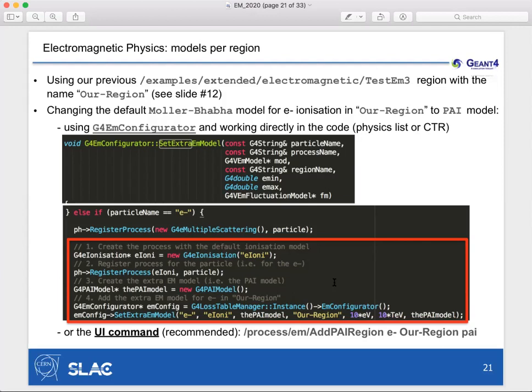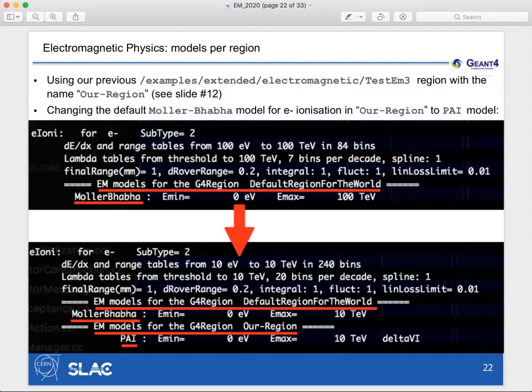And what will happen if you run your simulation and look again at the report? On the top you see what happens by default. You can see that electron ionization has a model that is used in the default region for the world, which means the whole detector. If you make the changes I just showed in the previous slide and rerun the simulation, you will see that for the electron you now have two models for ionization.